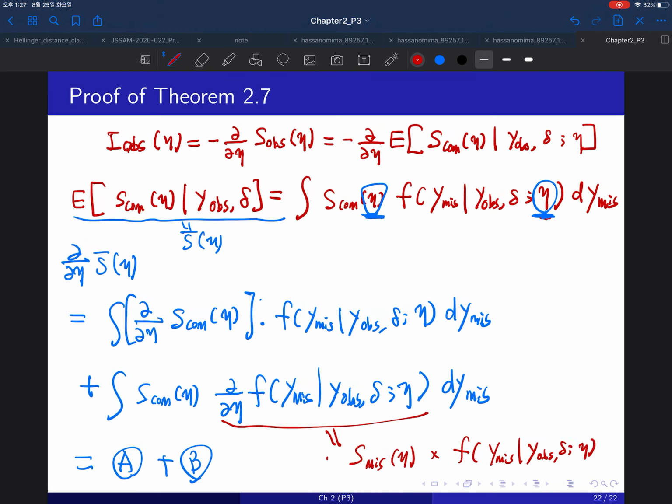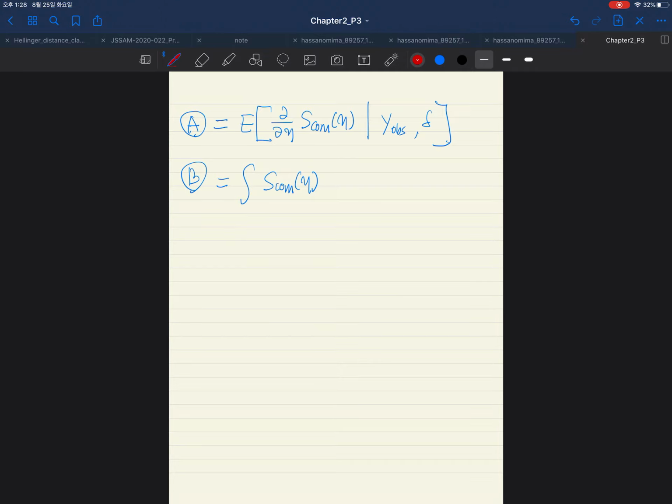So we should be careful, because S itself is a vector. Okay, S is a vector, so to be rigorous, this becomes a matrix. So we are taking the partial derivative of this one, so that means we are taking a transpose here. So the second component is actually SCOM times S miss transpose theta times the density.